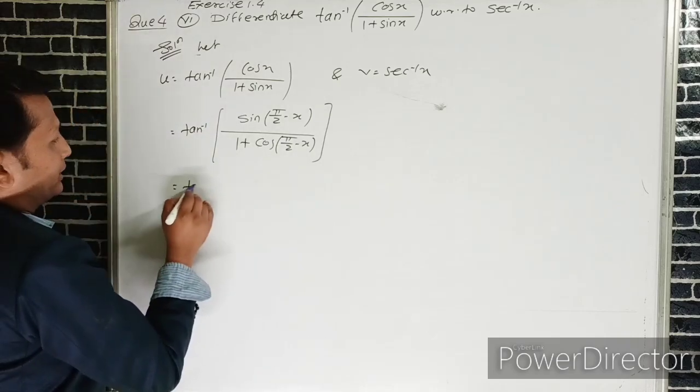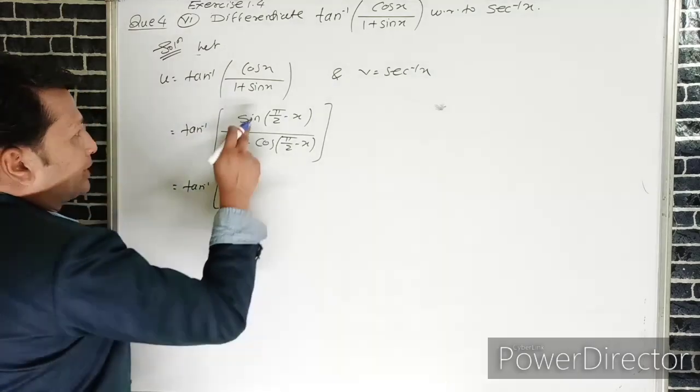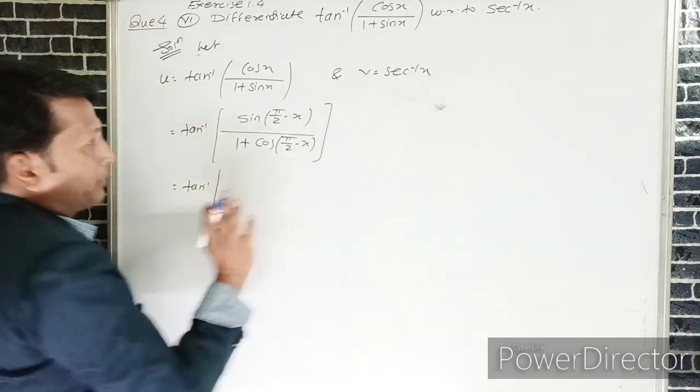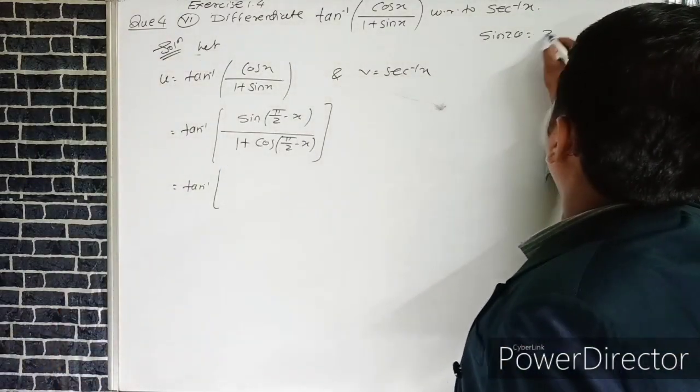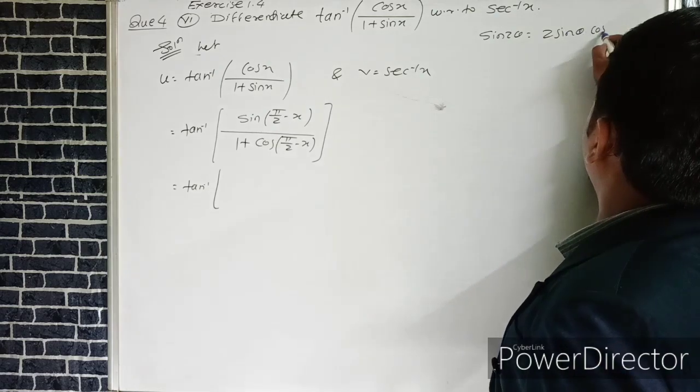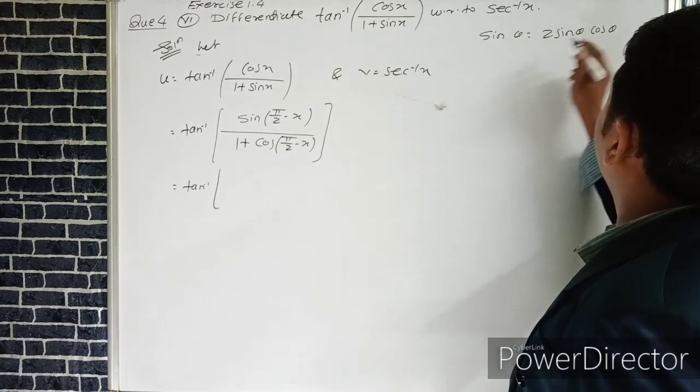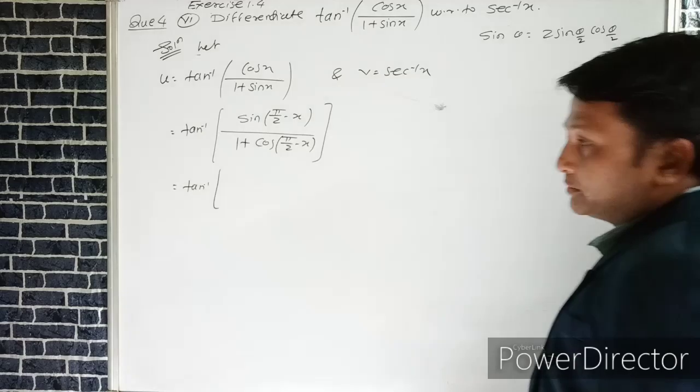Now, tan inverse of sine of (pi by 2 minus x). By using the rule of sine 2 theta, we can write it as 2 sine theta into cos theta. If this is 2 theta, then we can write 2 sine of theta by 2 into cos of theta by 2.